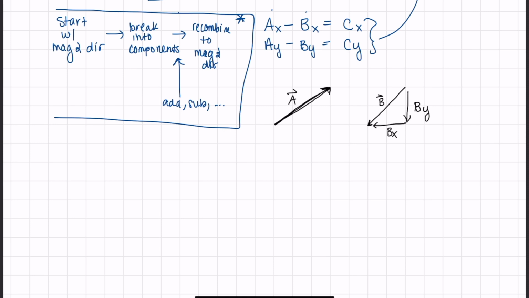If we're going to go negative, then bx is going to become negative bx. So this arrow is going to switch direction. And by is going to become negative by. So this guy is going to switch direction. Overall, this leads to our negative b switching direction. And then you can go ahead and just add tip to tail the way that you normally would.